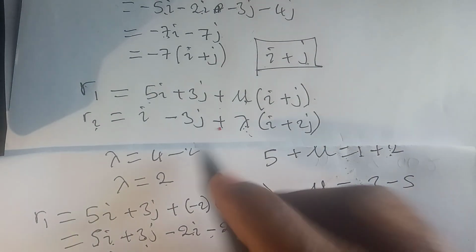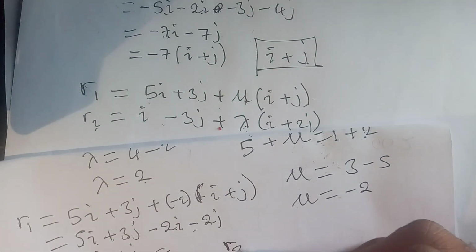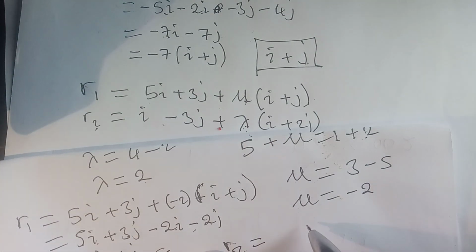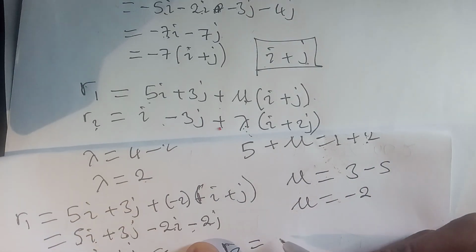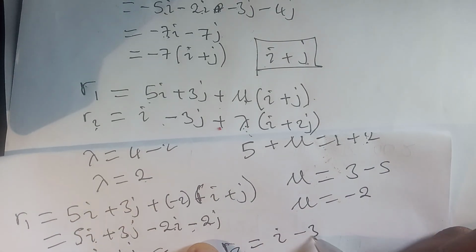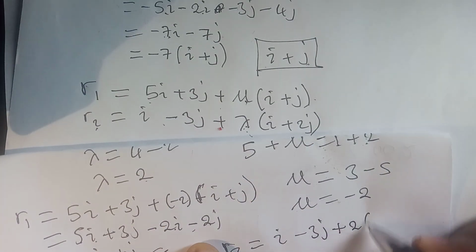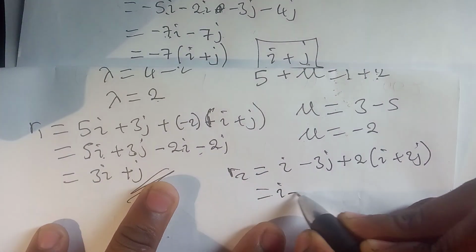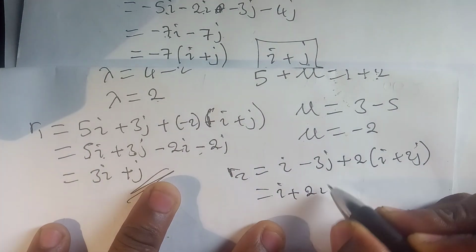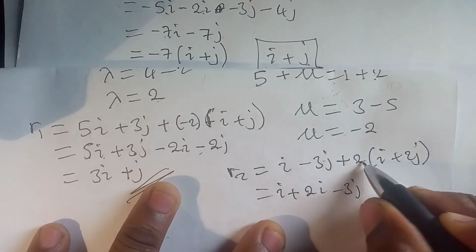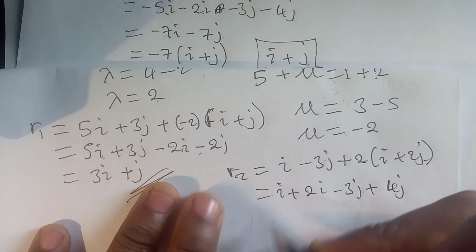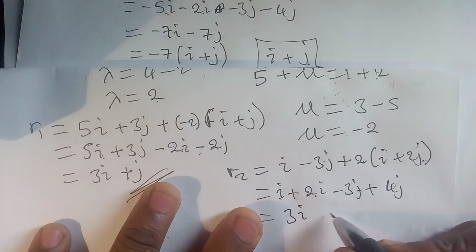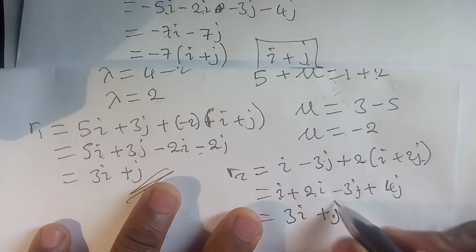And then if you want to use this, the answer will still be the same. So our lambda here is 2, so you can have lambda is 2i plus 2j, and then you have this times this is 2i, and then minus 3j, this times that will be 4j, and then this and this will give us 3i, then this and that will give us a j.